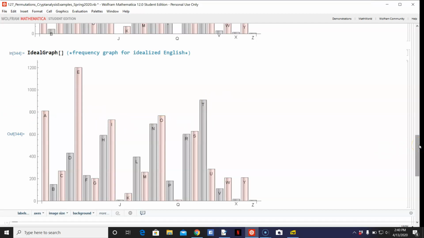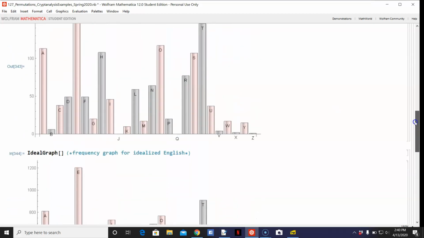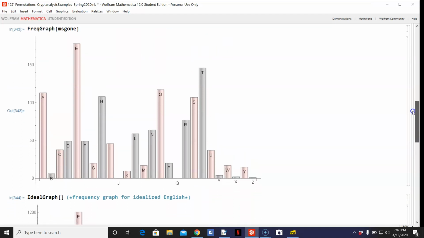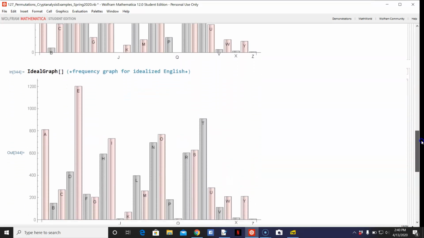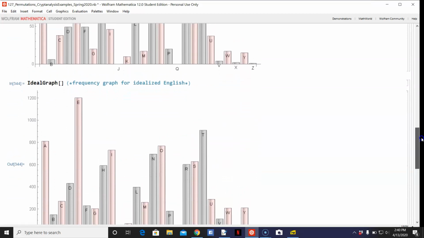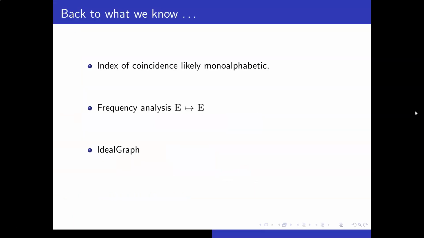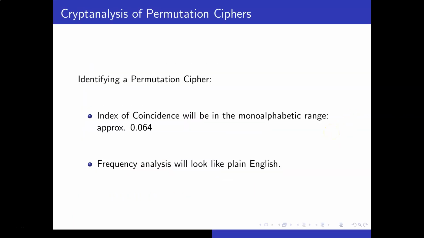So if we compare that graph of idealized English to ours, they're different, but not by much. They've got a lot of the same peaks and a lot of the same valleys. So what that tells us is we're dealing with English.